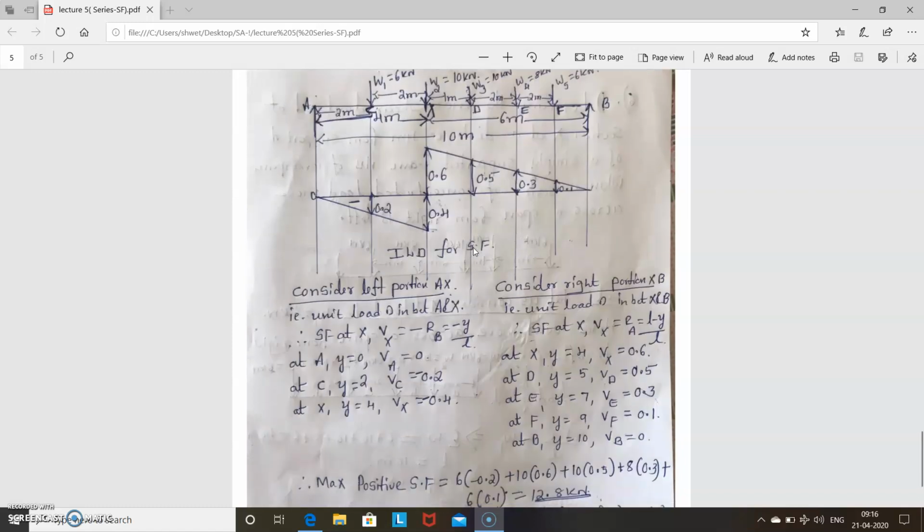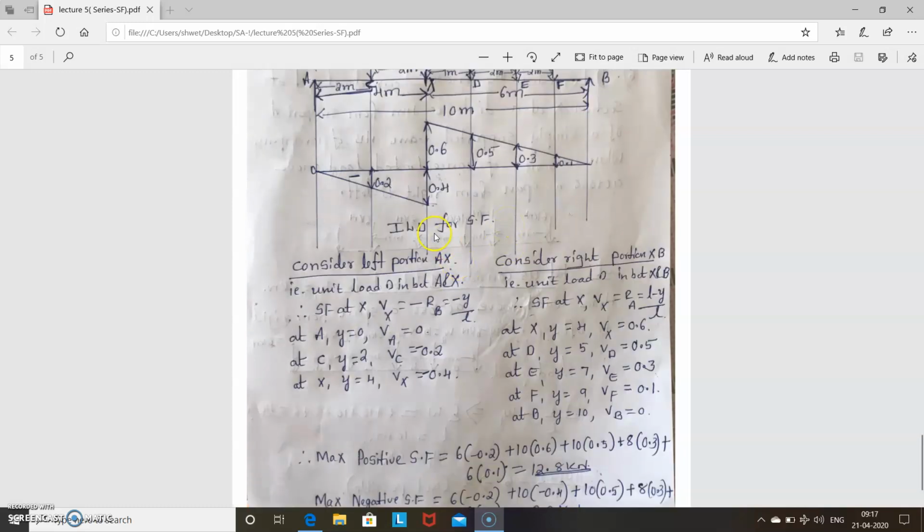Once you get this, you can easily find the maximum positive shear force and the maximum negative shear force. All the loads are common except at the section. For the positive shear force, you have to consider only positive values. For the negative shear force, you consider only the negative values. Other things are the same.